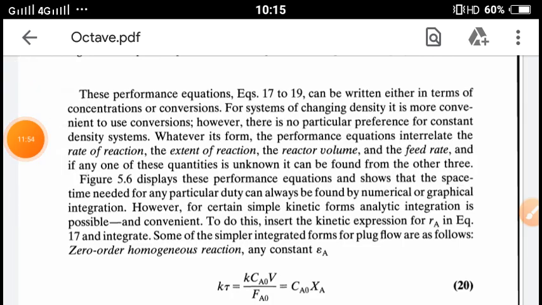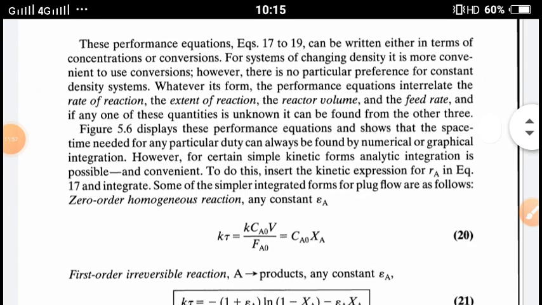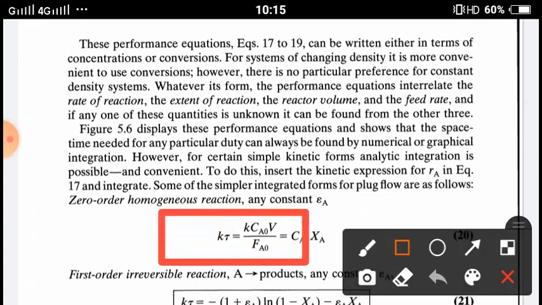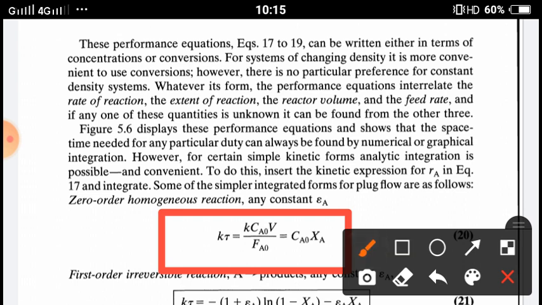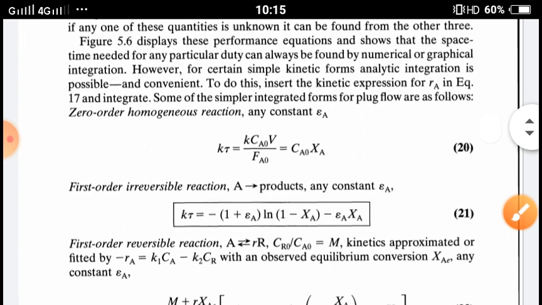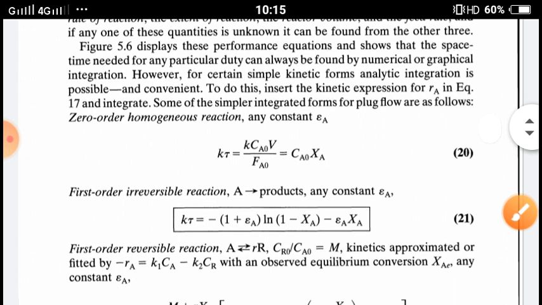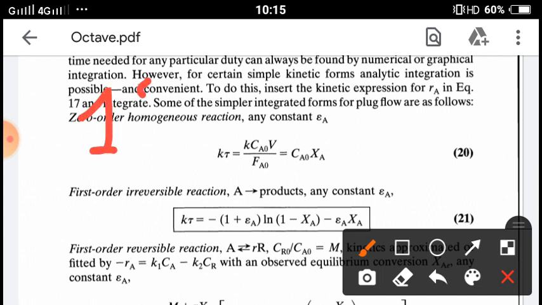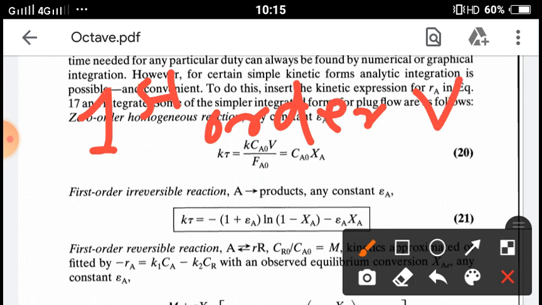After the calculation my final rate expression for the zero order homogeneous reaction will look something like this. You don't need to mug it up, just try to derive it at home because it is very important. Now I will talk about the first order irreversible reaction for a VVRS.